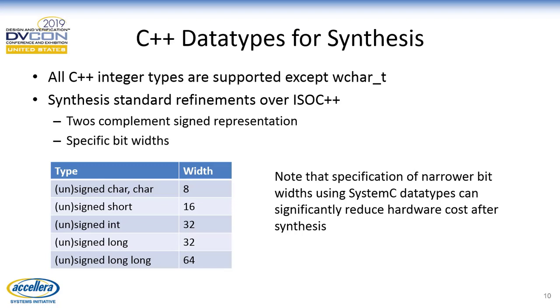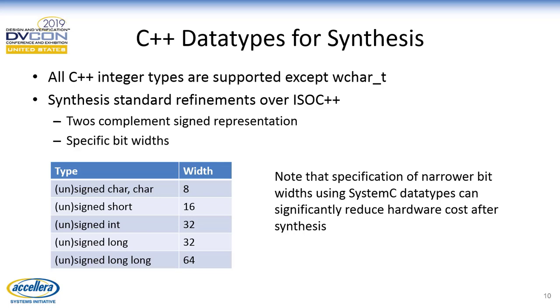Data types, I won't spend much time here. All the C++ integer data types, except for wchar_t, which I bet you haven't used a lot of times, are supported. The synthesis standard does define some refinements over the C++ standard. It defines that it shall be a 2's complement signed representation.